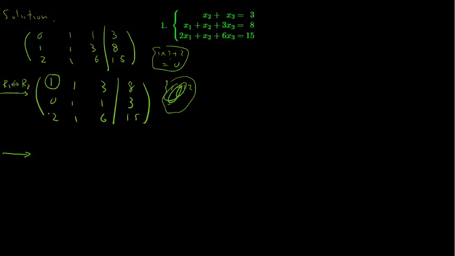So the operation we are going to perform is to add -2 multiple of row 1 to row 2. Sorry.